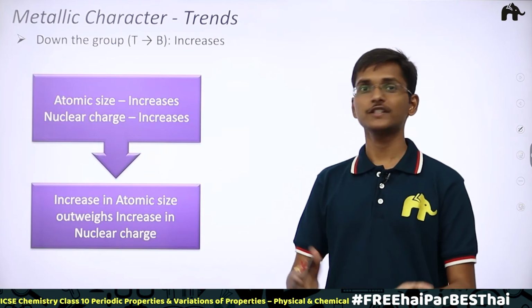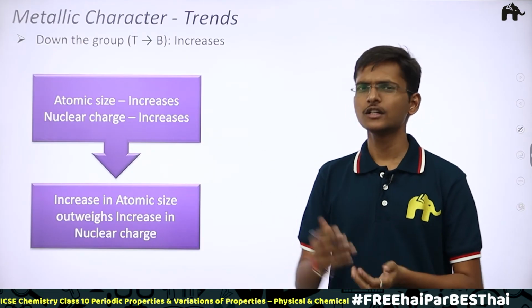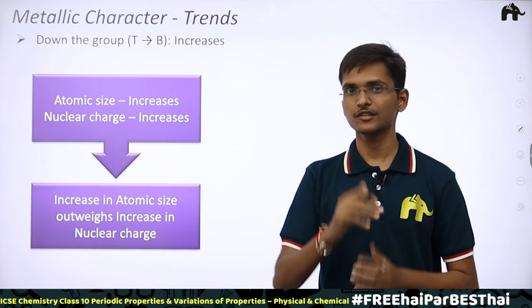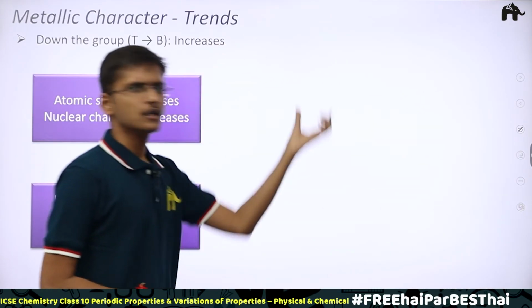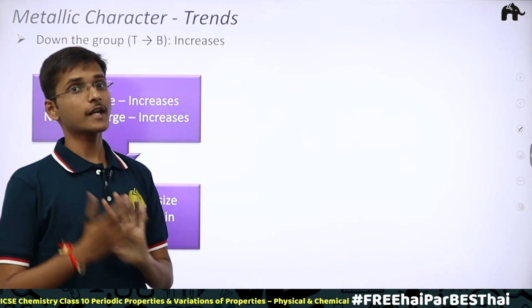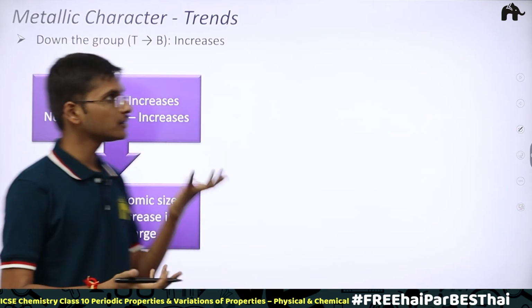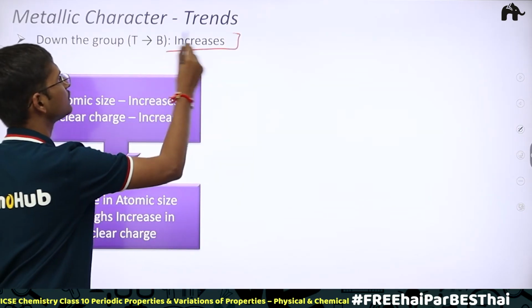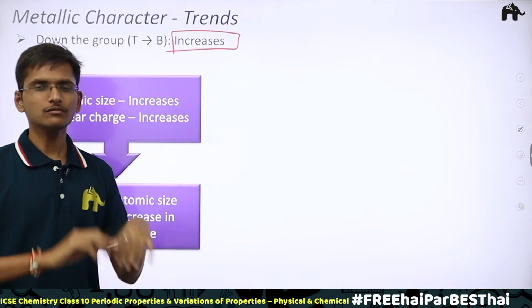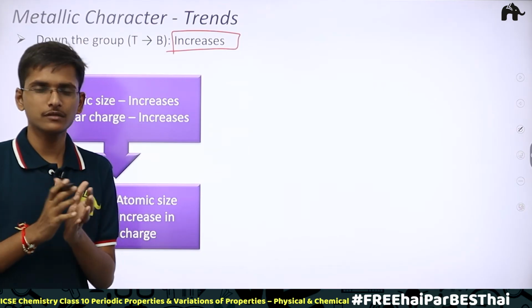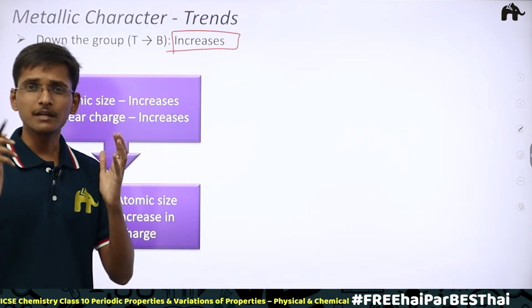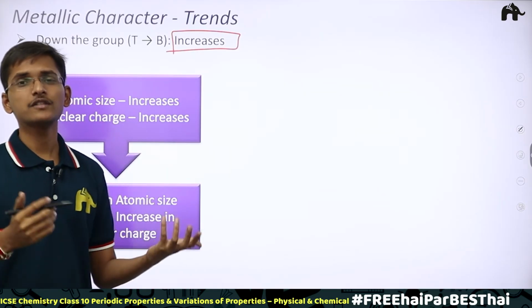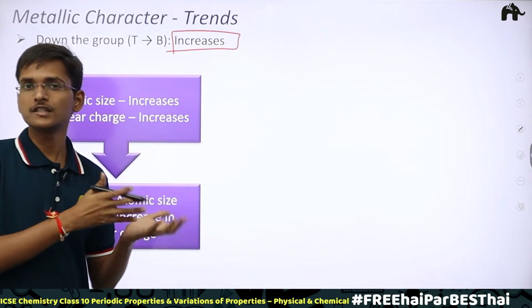Now it's time to see the trends of the metallic character of an element. First we are going to see, yes, you are right, down the group from top to bottom. When we move from top to bottom in a particular group, what happens to the metallic character? Metallic character increases. Now the question would have arisen in your mind, how are we going to remember so many trends of these periodic properties?